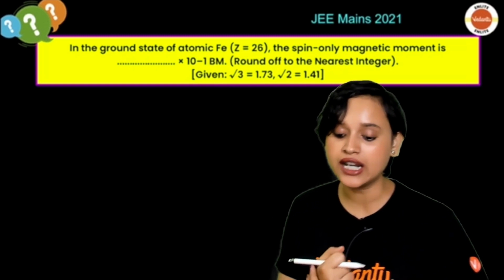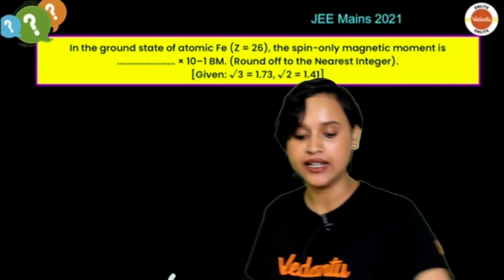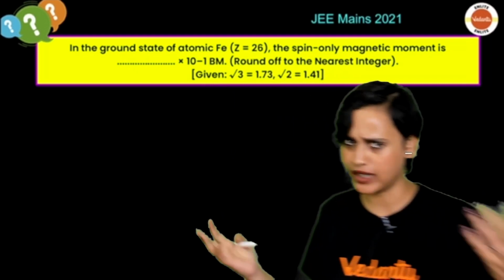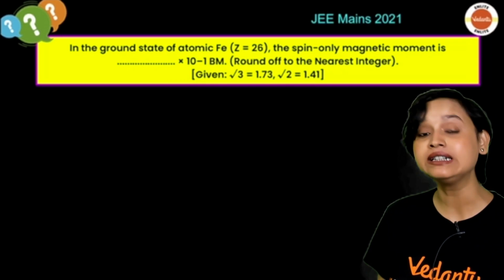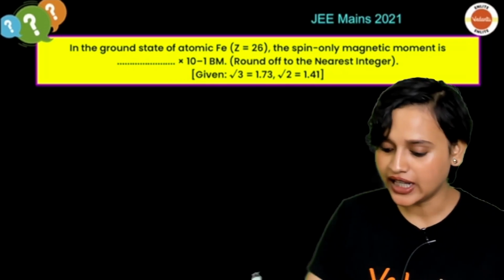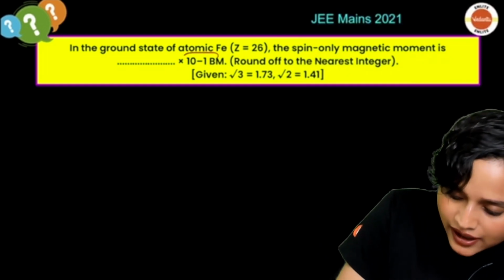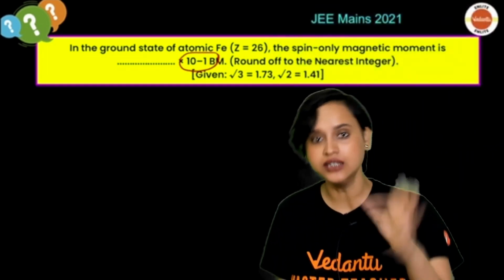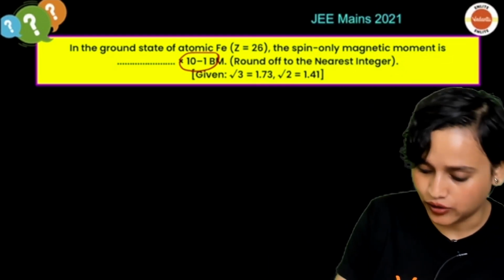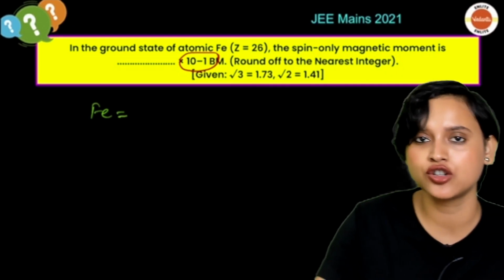In the ground state of atomic Fe, that is iron, Z is equal to 26. Everybody knows the atomic number is 26. The spin only magnetic moment is, okay, be very careful. It's nothing very complicated, by the way. It's just written 10 to the power minus 1. So first of all, let's calculate the Bohr magneton. What is the electronic configuration of Fe?